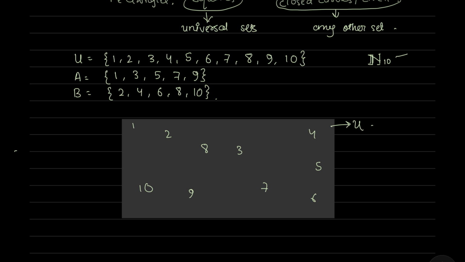That container will also become one part of the Venn diagram. Starting with 1, 3, 5, 7, 9. This is a closed curve which contains all the odd numbers. So this is my A.